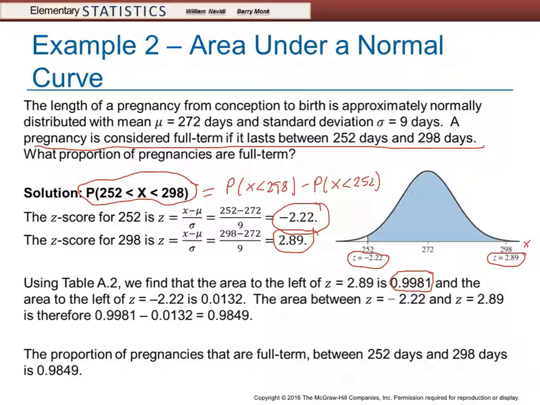And the area to the left of negative 2.22 is 0.0132. Now, since we want to find the probability between those two z values under the table, we subtract the smaller area from the larger area.